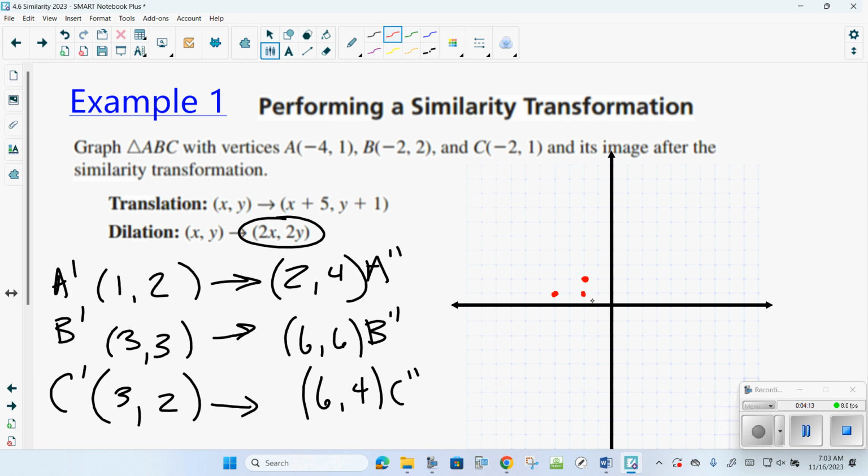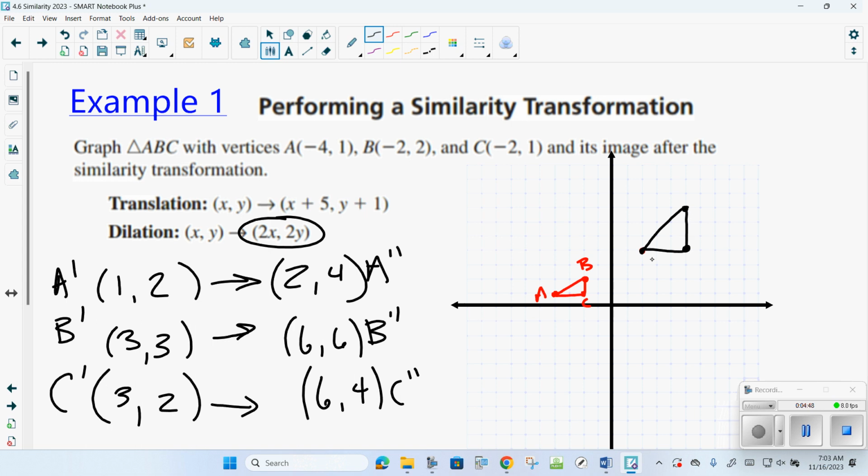This is a pretty small right triangle here. This is A, this is B, and this is C. The ending figure would be +2, +4; +6, +6; and +6, +4.